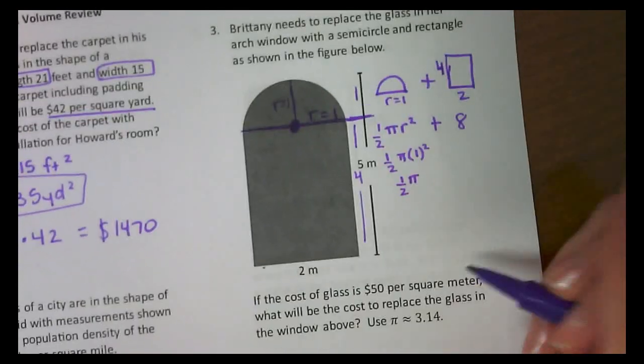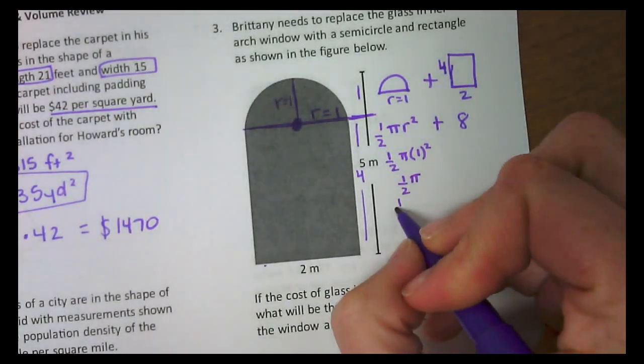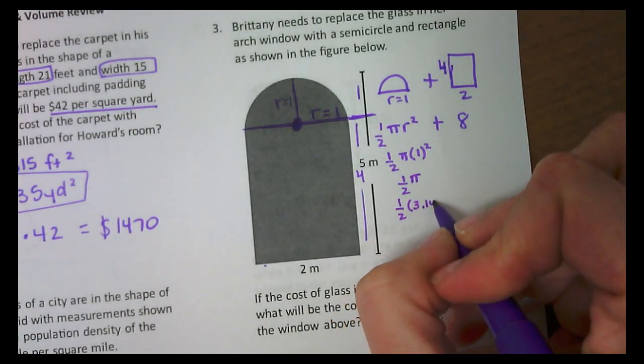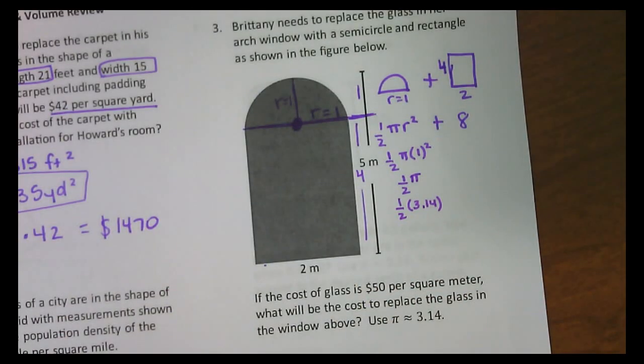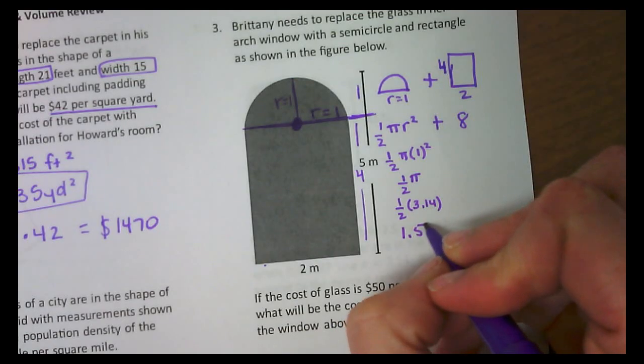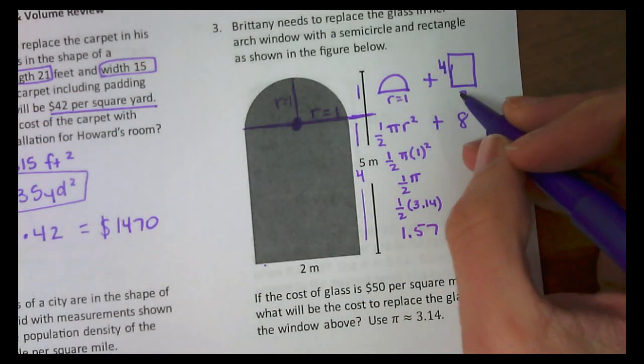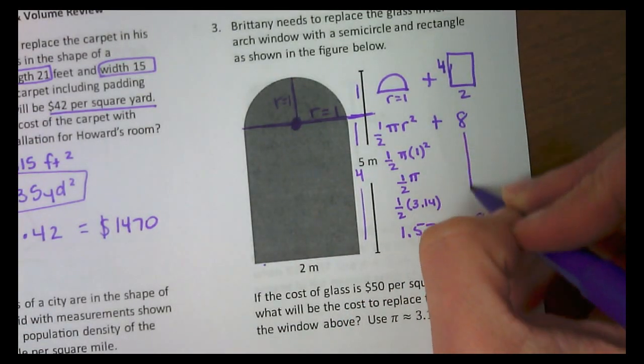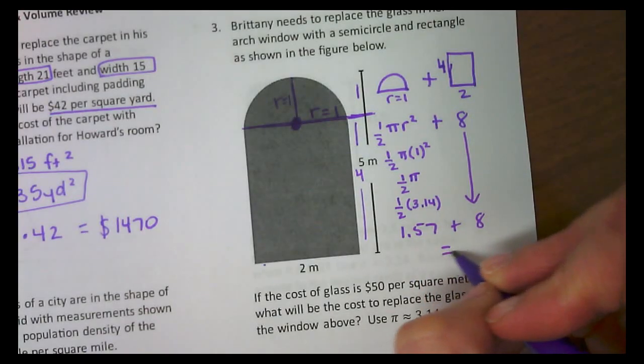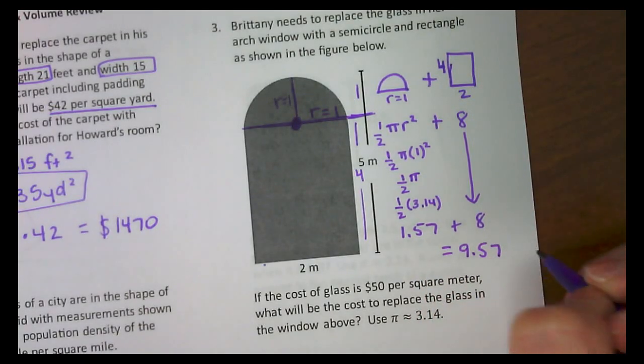So it's 1/2 times pi, and it says use 3.14. So I'm going to say 1/2 times 3.14 gives me 1.57. And I'm adding this 8, just bringing it down from there, so I'm going to get 9.57. And this is in meters squared.